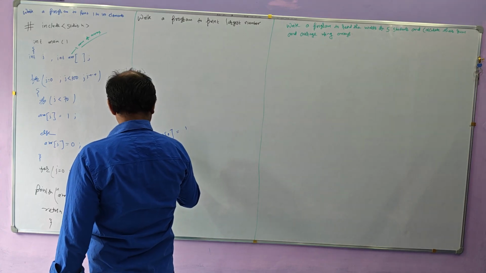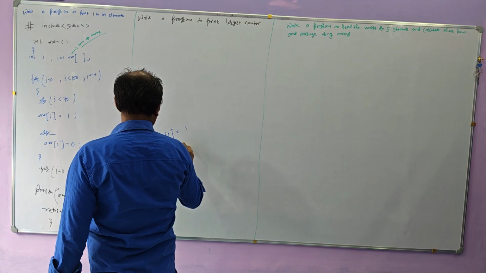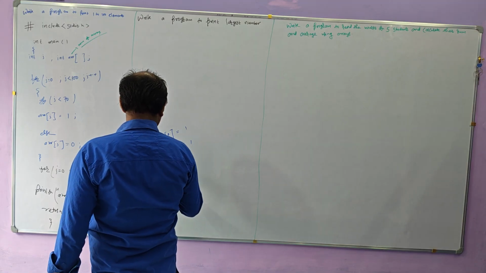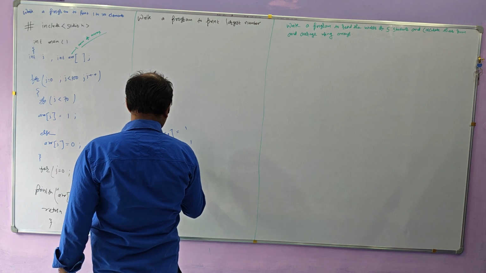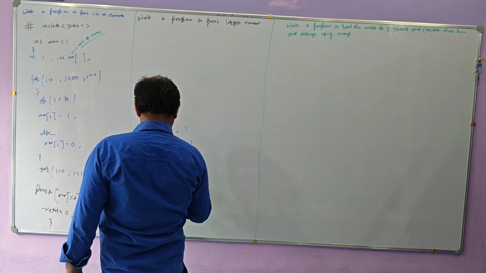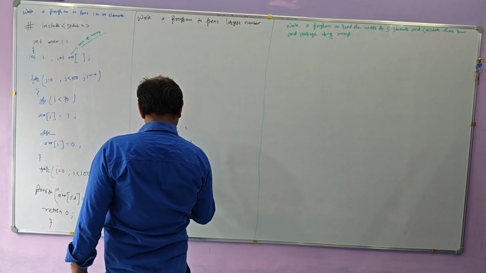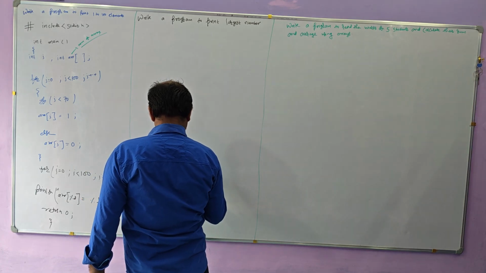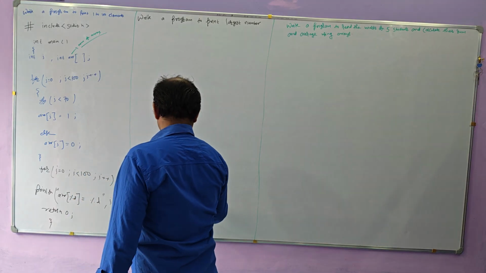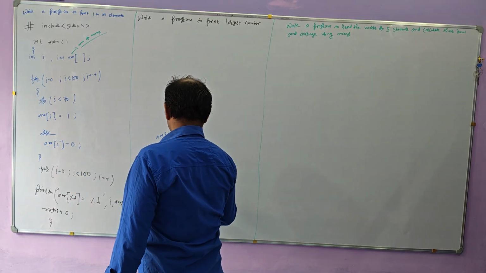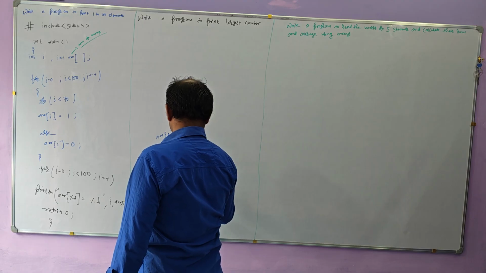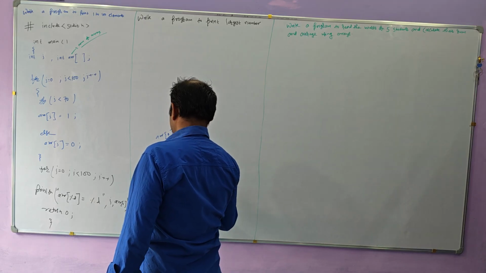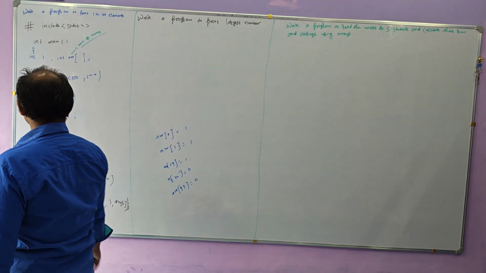In the same way, it will print AR of 1 is equal to 1, AR of 69 is equal to 1, and in the same way AR of 70 is equal to 0. Similarly, AR of 99 becomes 0. AR of 100 is not possible.